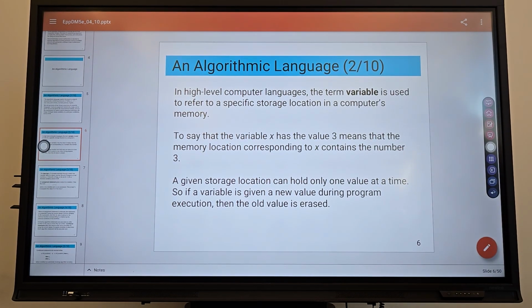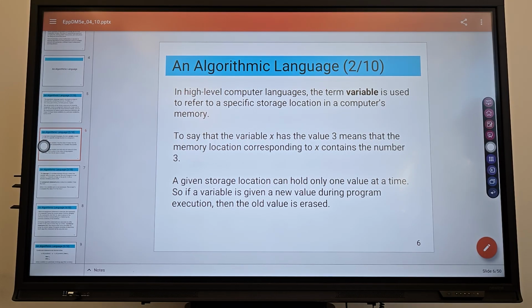In high-level computer languages, the term variable is used to refer to a specific storage location in a computer's memory. To say that variable x has the value of 3 means that the memory location corresponding to x contains the number 3. A given storage location can only hold one value at a time.